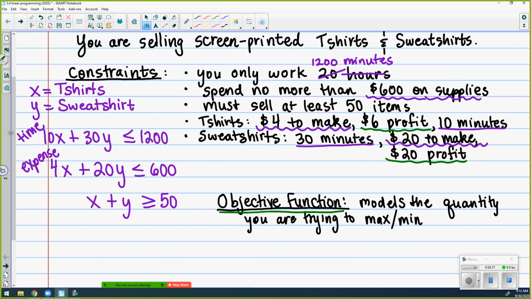Well, in this case, we want to maximize the profit. So to maximize the profit, we're going to sell t-shirts and sweatshirts. And remember that each t-shirt will get us $6 in profit, and each sweatshirt will get us $20 in profit. So this is my objective function. We'll use that objective function here in a minute.